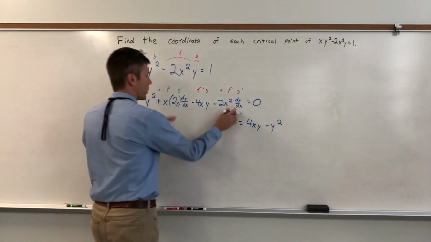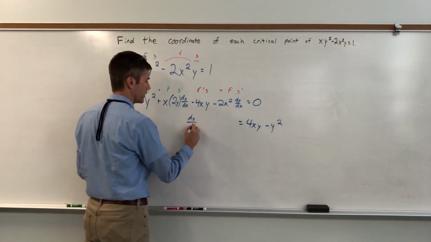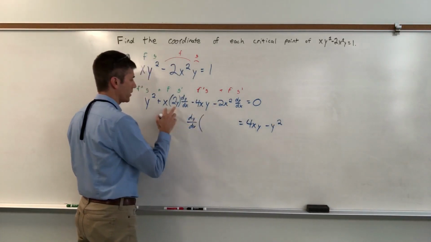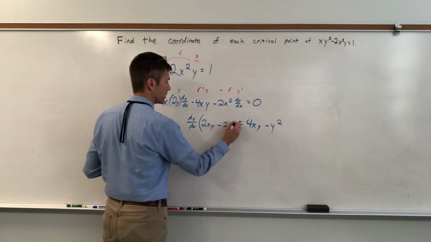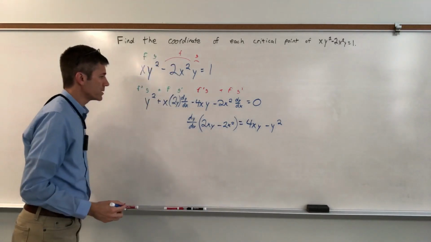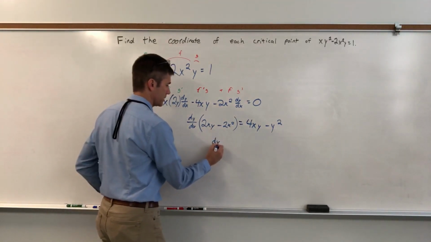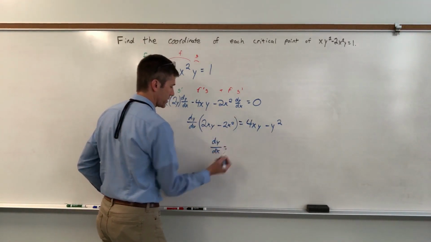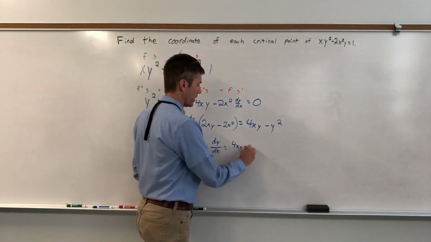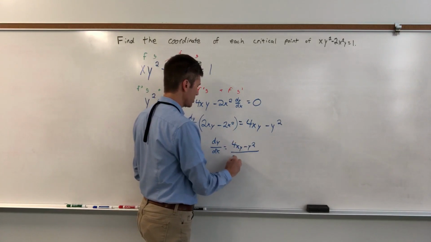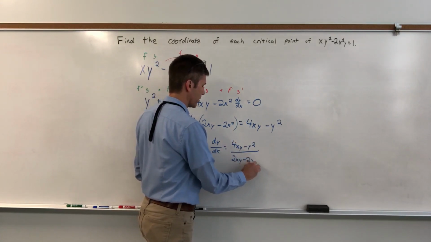Let's factor out a dy over dx. And we will now have 2xy minus 2x squared. Oh, fun. Okay, dy over dx, but we say dy dx for brevity. 4xy minus y squared over 2xy minus 2x squared.